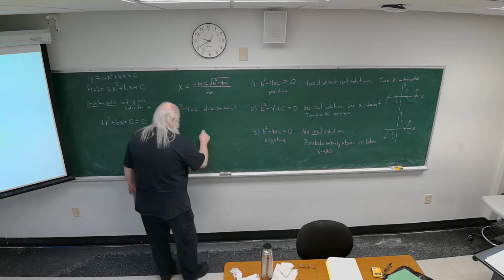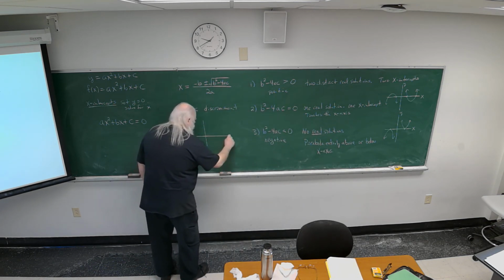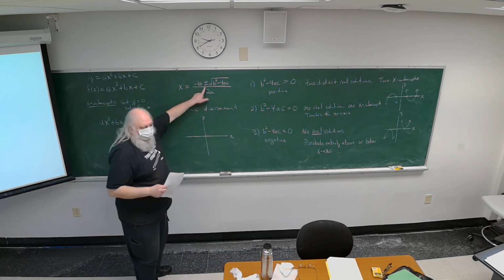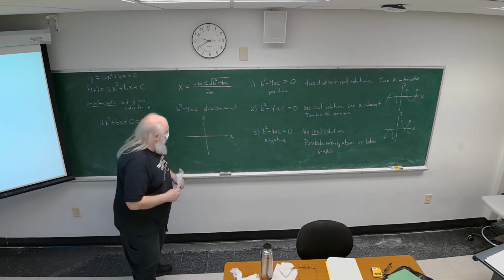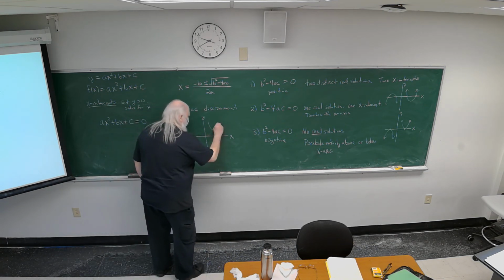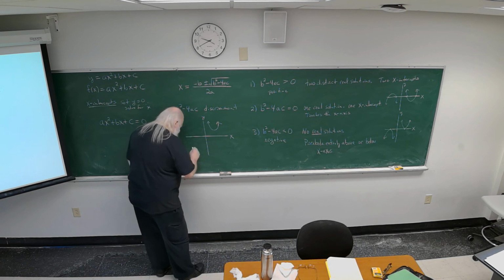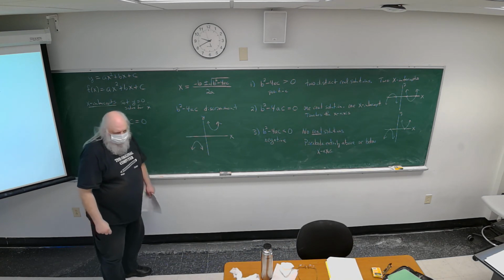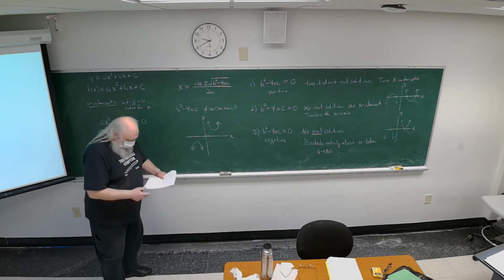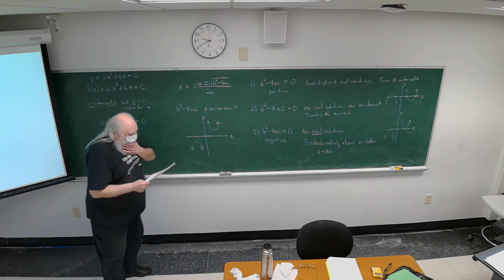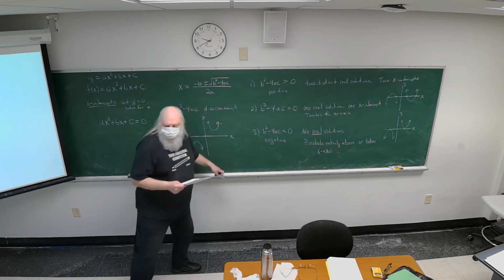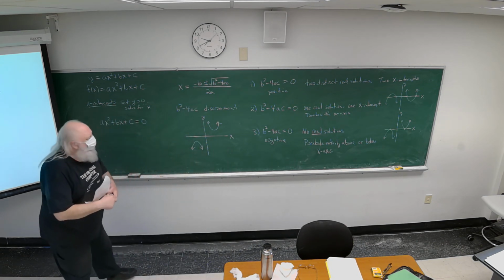So in that scenario, when you do the quadratic formula and you get the number i involved, the parabola is either entirely above the x-axis or entirely below the x-axis. There's no x-intercept. It never crosses the x-axis. It doesn't touch it. Okay? All right, so any questions on that, ladies and gentlemen?